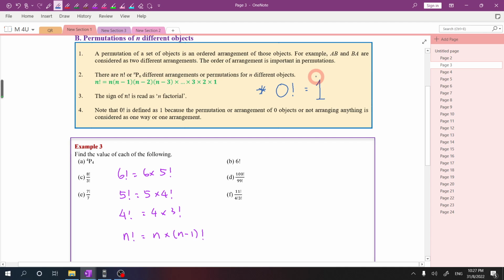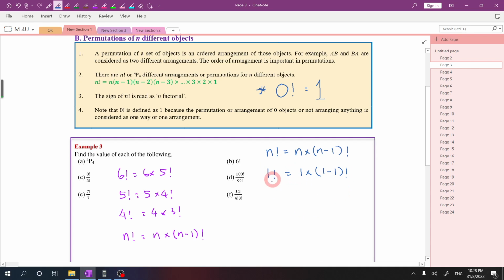If you want to use some calculation to show that 0 factorial is equal to 1, we can use this one to help us. Since we know n factorial is equal to n times n minus 1 factorial, right? 1 factorial is equal to 1 times 1 minus 1 factorial.